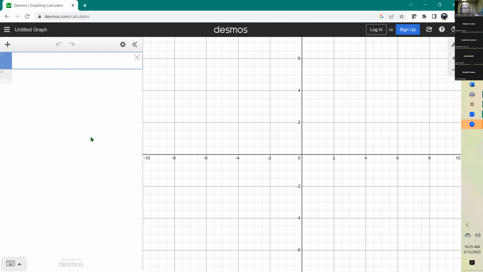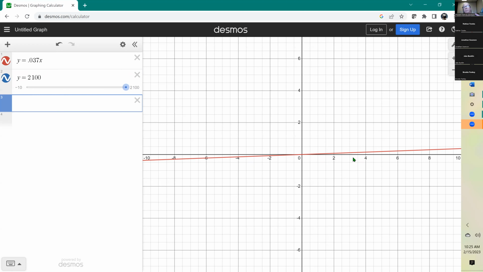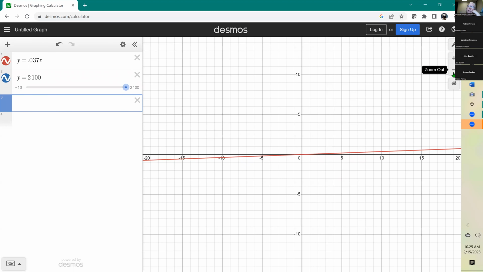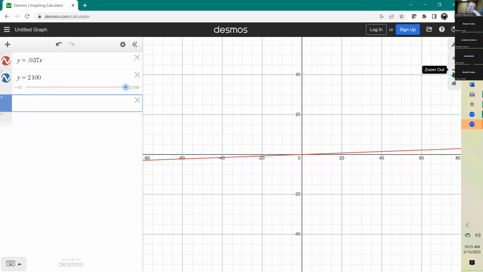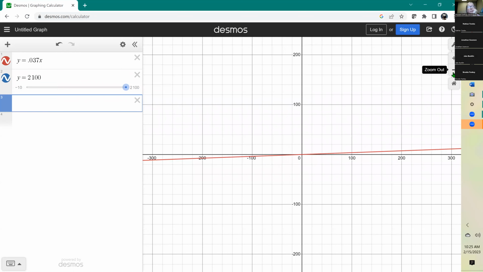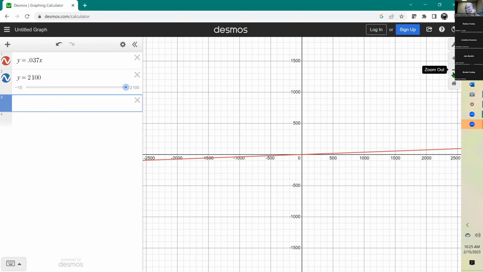So the one was y equals 0.037x. Hit enter to go to the next one, y equals 2100. Now we can't see, so we want to zoom out until we find it. There we go.